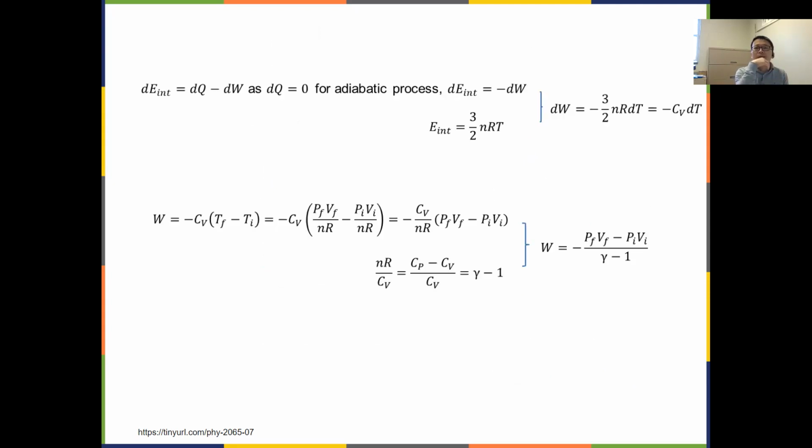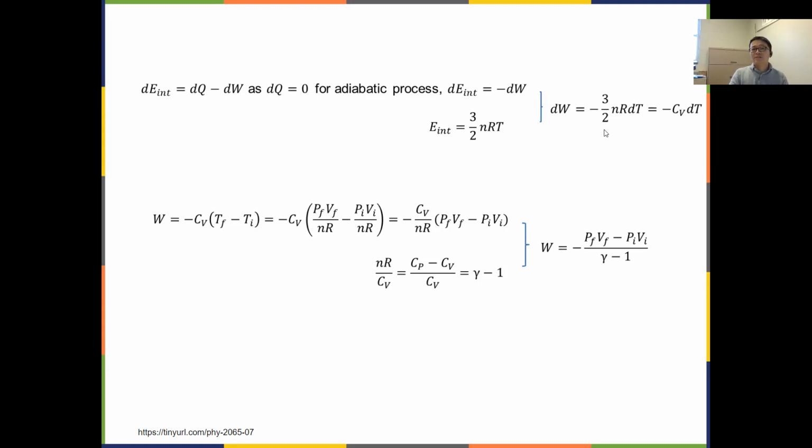All right. The work done during the adiabatic process, you can calculate it. So start again with the differential form of the first law of thermodynamics and dQ being 0. So then dU equals minus dW, and internal energy being 3 halves of nRT, dU should be 3 halves of nR dT, equal to minus dW. So dW equals minus 3 halves of nR dT, which is Cv for monatomic gas.